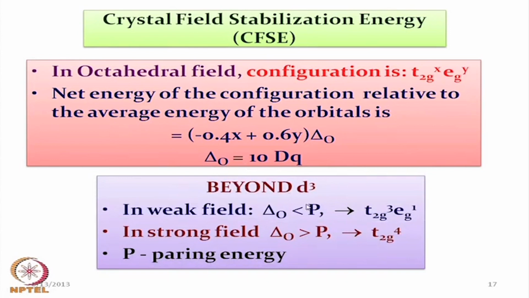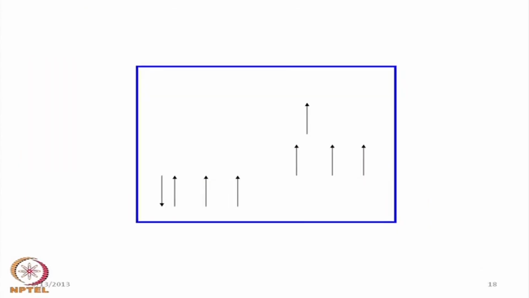And we have seen that beyond d3 we have the d4, d5, d6 and d7 situations. We have seen just now that in the weak field case delta is less than P, and in the strong field case delta is greater than P. We have the t2g4 configuration compared to the t2g3 eg1 configuration, where the P term, the pairing energy, also is considered and controls the spin state.